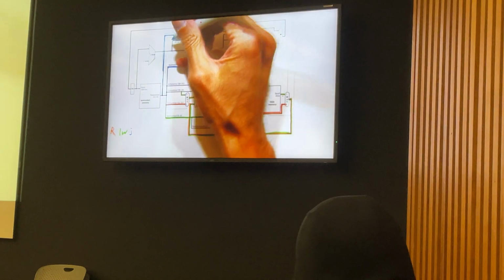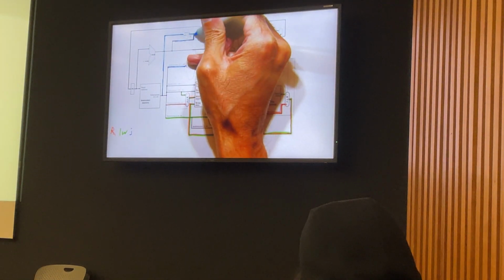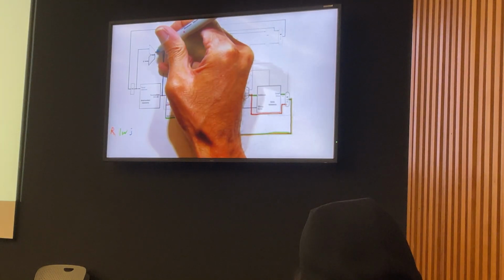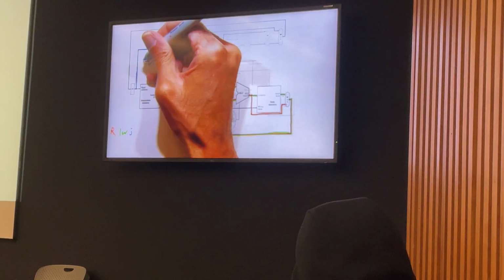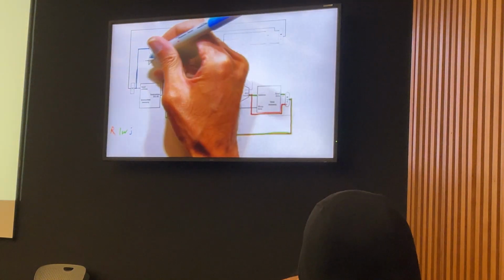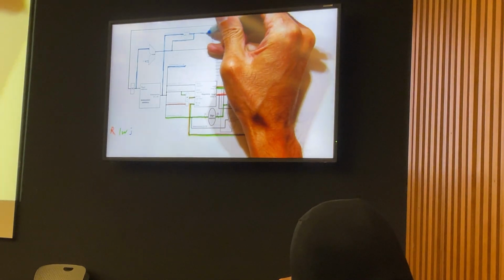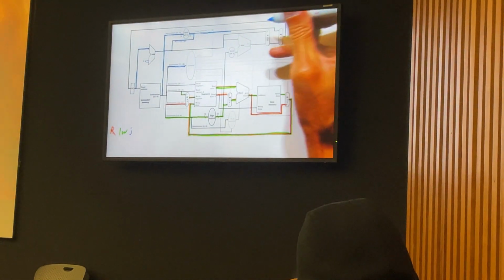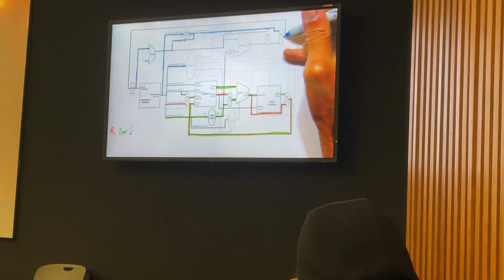Upper 4 bits of PC are coming from here. And that gets sent back into the PC by going to these muxes.